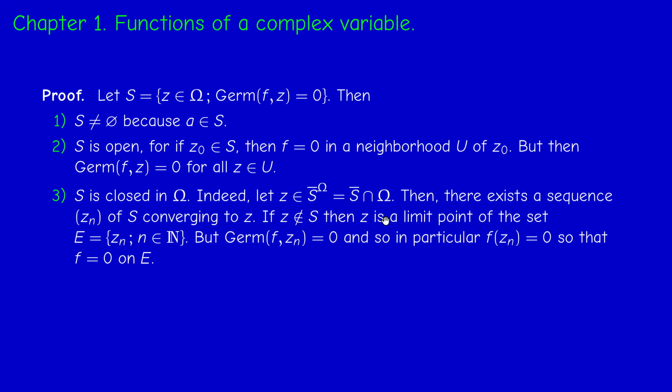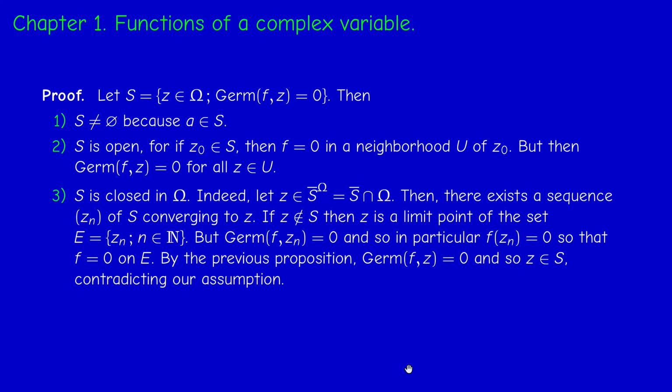And this set has the limit point Z. So by the previous proposition, the germ of F at Z is 0, or otherwise stated, F vanishes locally. This is condition 2 of the previous proposition. If the germ of F at Z is 0, then by definition Z is in S.